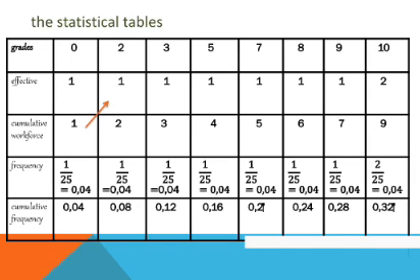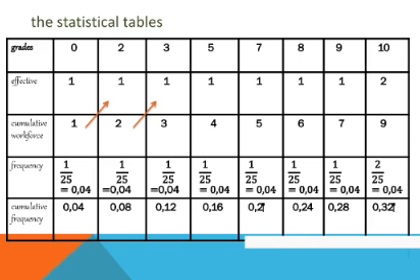Grade 3: effective 1, cumulative workforce 2 plus 1, 3, frequency 0.04, cumulative frequency 0.12.